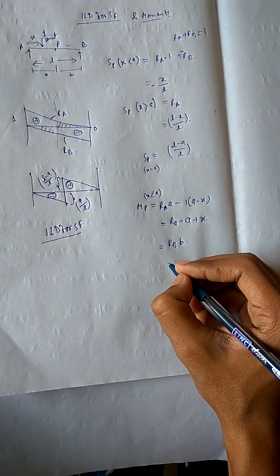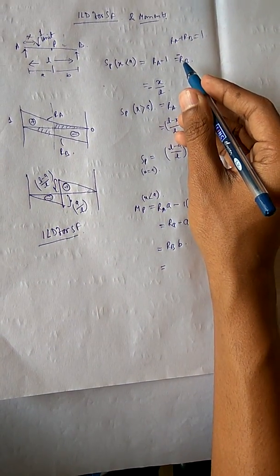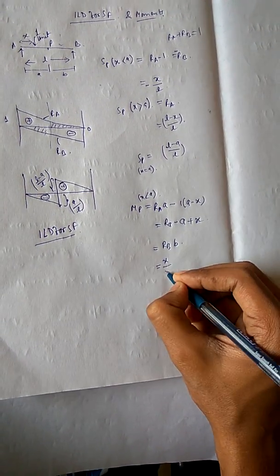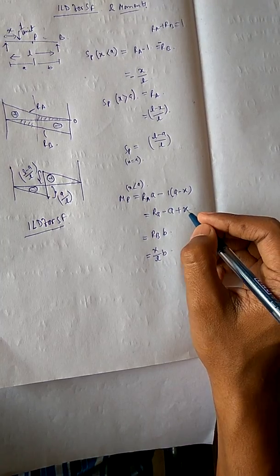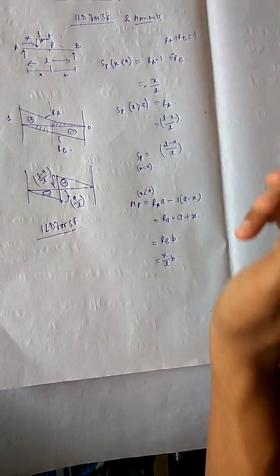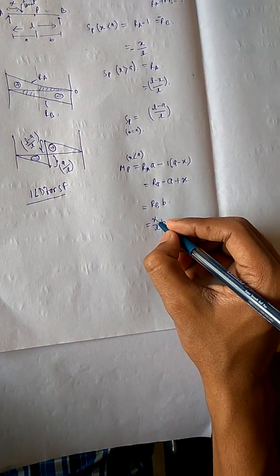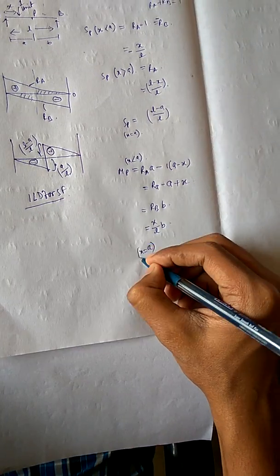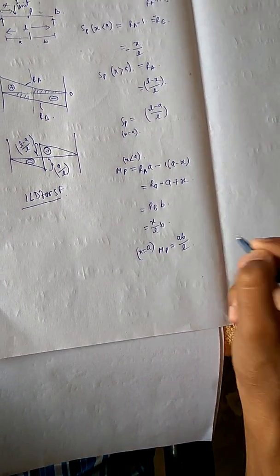We know the value of RB, which is x by L, so we can put x by L into b. We could also do it by RA if we know its value, but here we know RB is x by L. That's why. So at x equal to a, the moment at P is ab by L.